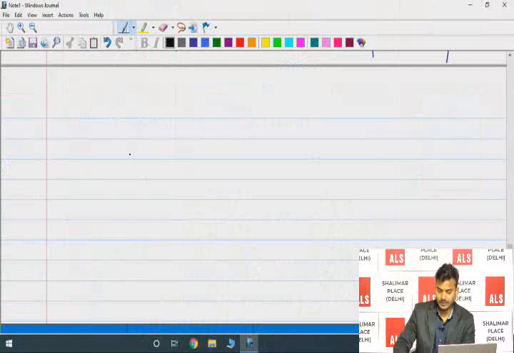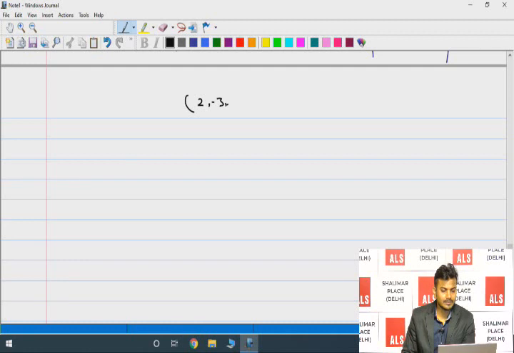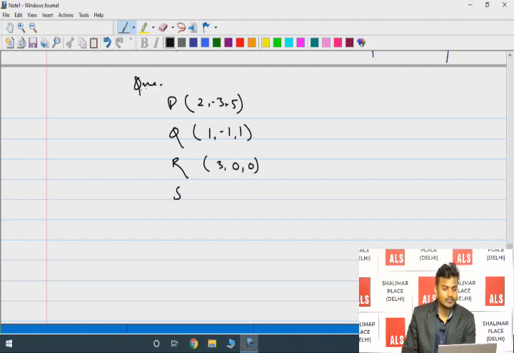Okay, dear. So the question is, not literally a question, but in this form: point P is given 2, minus 3, 5, Q is 1, minus 1, 1, R is 3, 0, 0, S. Find out the octant, right?